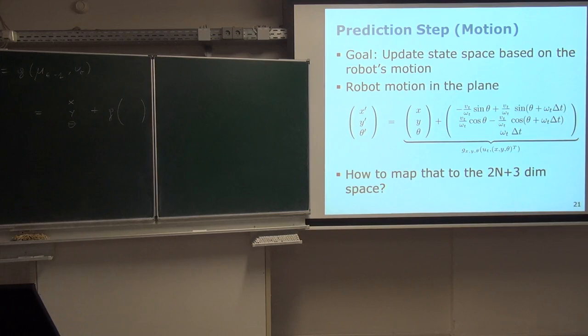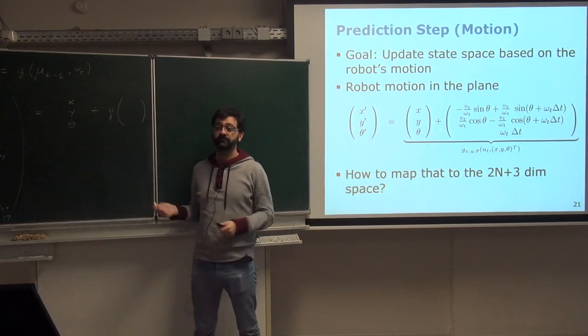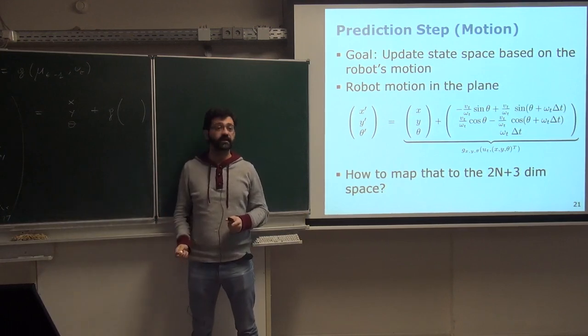But we also have m1x, m1y, up to mnx, mny. So this will just cover one part of the update, and the question is, how do we cover the other part? Any idea?